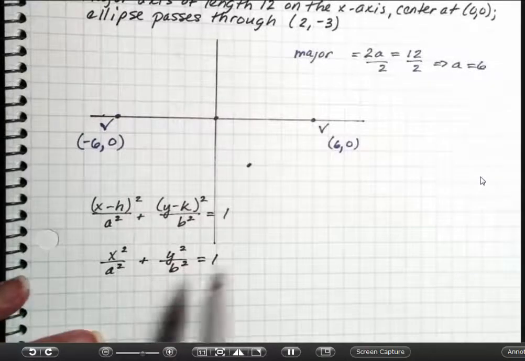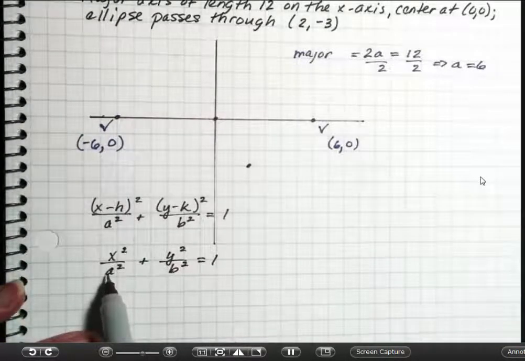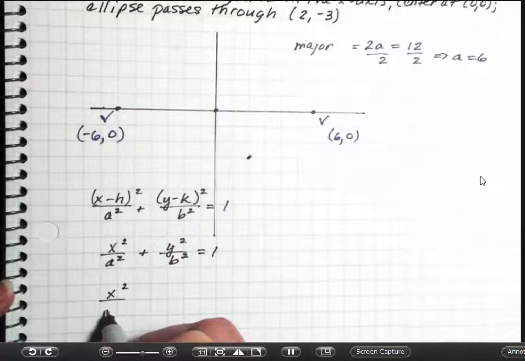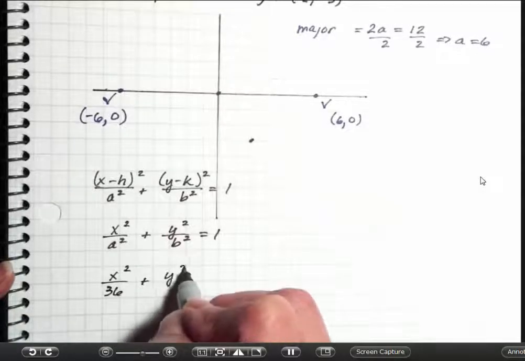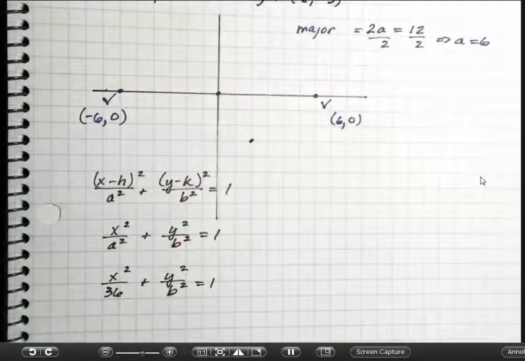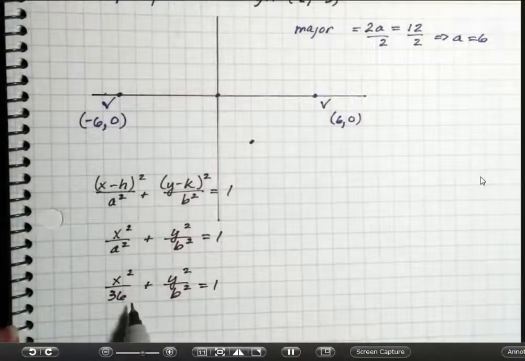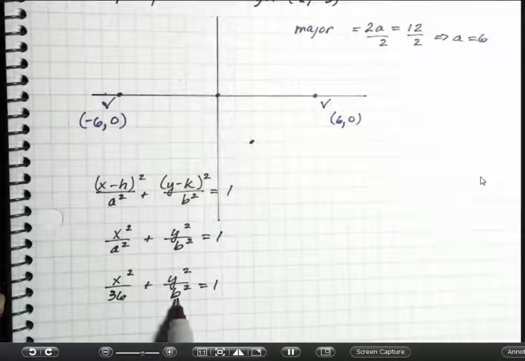I know what my a is from before. a is equal to 6, so I can go ahead and put 6 in for a. So x squared over 6 squared, which is 36, plus y squared over b squared equals 1. So now I've found everything I can so far about the equation of my ellipse. I need to figure out what b is going to be equal to, and that's related to the length of my minor axis.